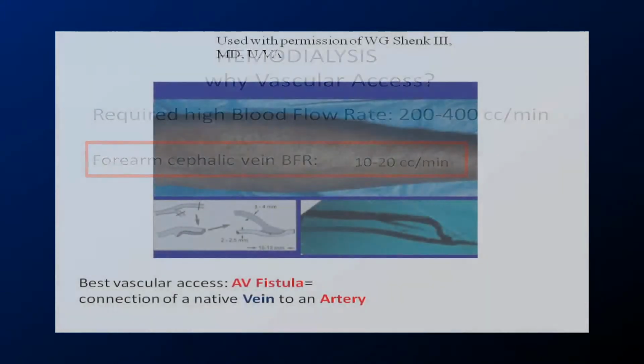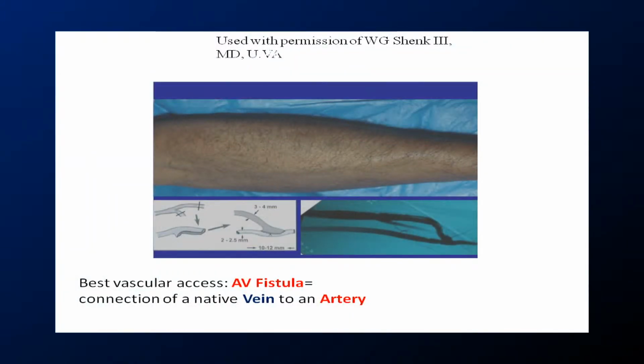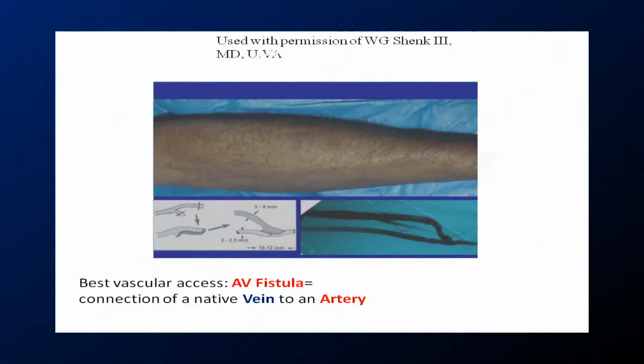Hence, we need to create what we call a fistula, which is a vein that is connected to the artery, so that over time, blood flow from the artery pumps into the vein and causes the vein to enlarge. I hope you can see how big that vein has become. This is a fistula, and it uses the native vein.